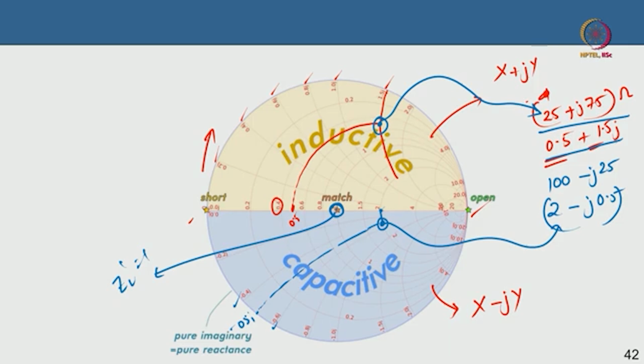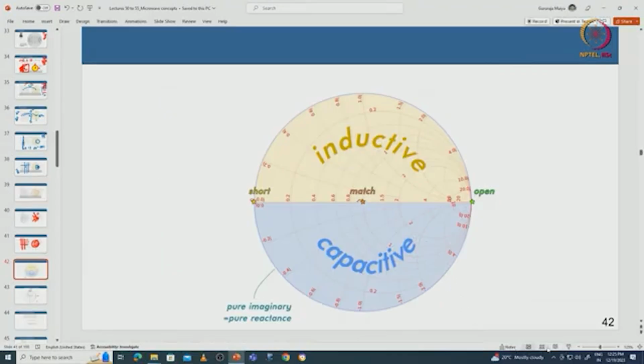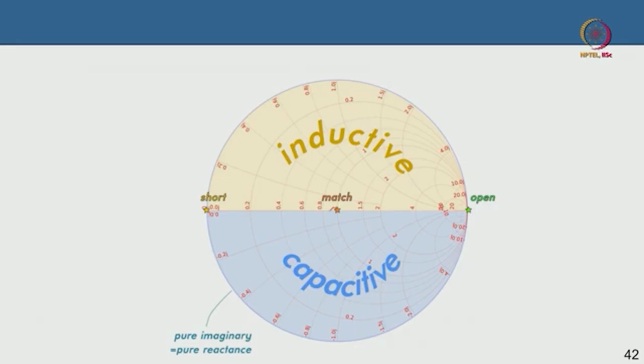So from this point I have to come to this point. I want to add something on the device so that the output impedance is now matched, which is 50 ohm. That is the concept of impedance matching in a way. There are many more things of course, but I will explain just intuitively what it means.